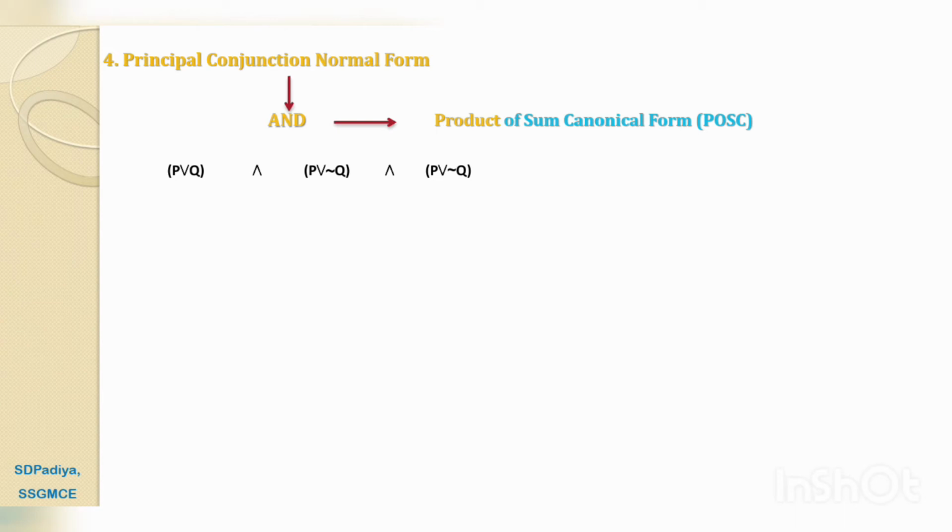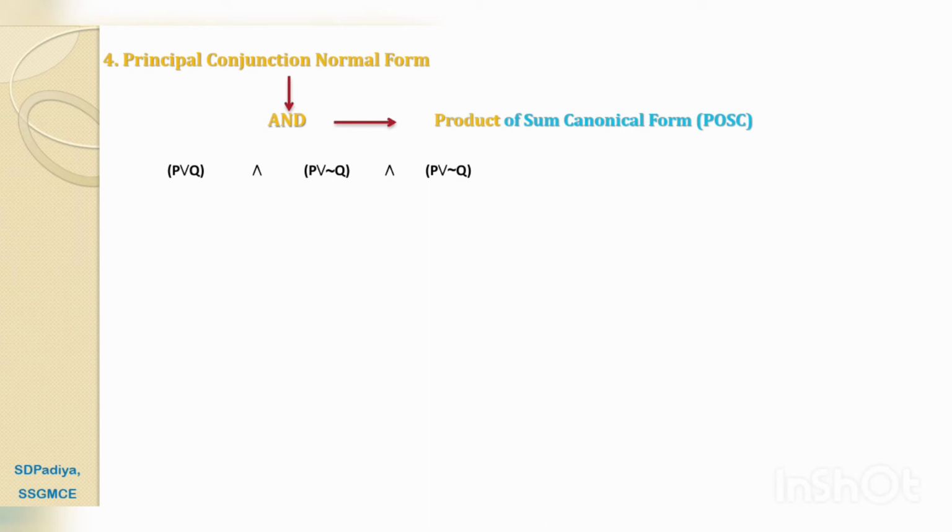Again we have the statement P or Q and P or not Q and P or not Q. Now here P or Q is one elementary sum term, P or not Q is an elementary sum term, and P or not Q is again an elementary sum term, and these three elementary sum terms are connected by the product. That's why we consider it as a product of sum.